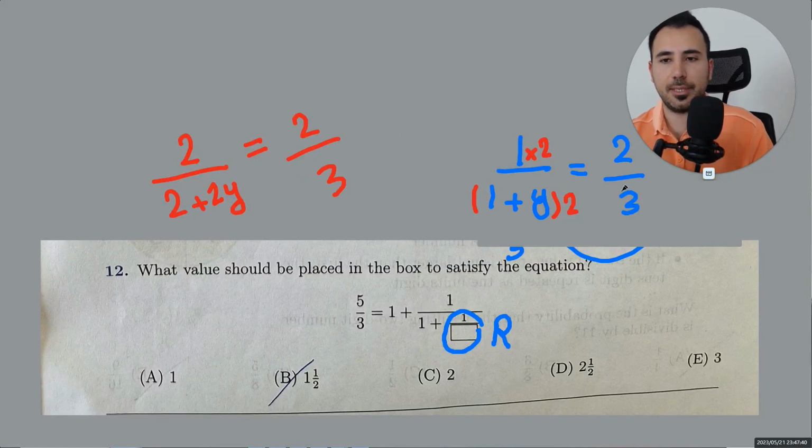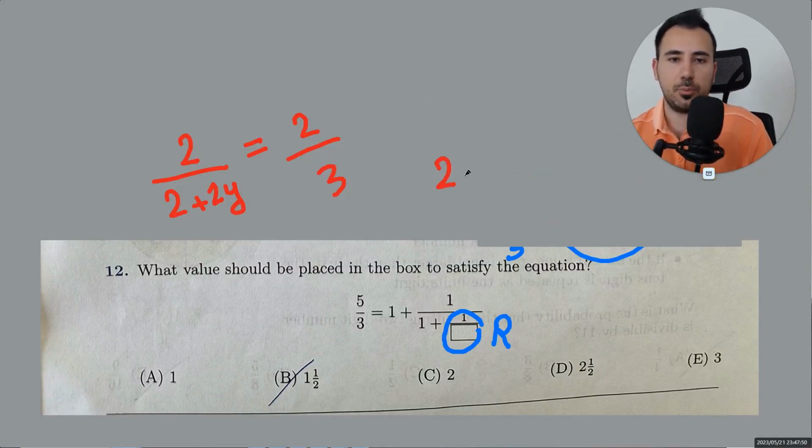Okay, this side of the equation. So that means this 2 plus 2y has to be 3. So let me write it here. So 2 plus 2y is supposed to be 3. So 2y will be, subtracting both sides by 2, it's going to be 3 minus 2, which is 1.